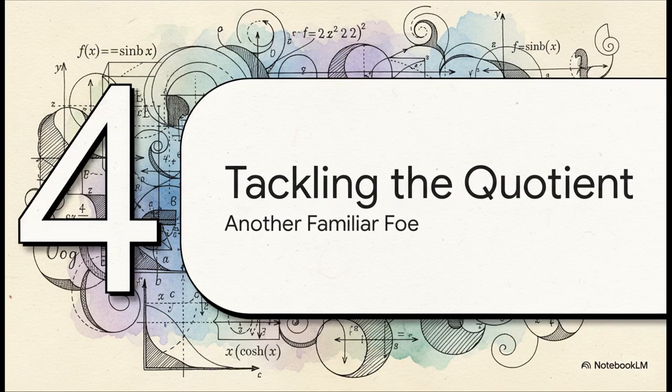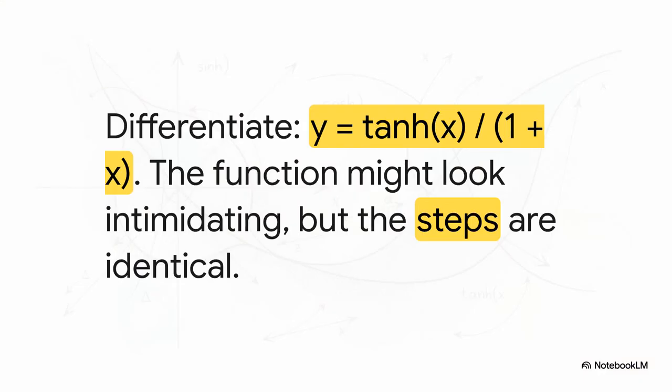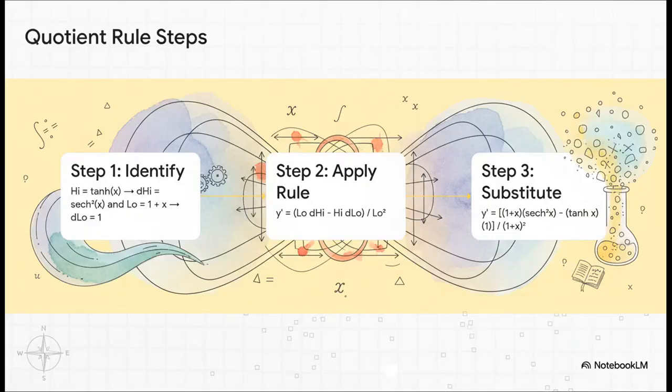All right, now that we've nailed the product rule, let's keep that confidence going and tackle another familiar process, the quotient rule. The setup looks a little more complex, but I promise you, the core idea is exactly the same. Okay, so here's our function. y equals the hyperbolic tangent of x divided by 1 plus x. So let's break this down using that low d high minus high d low mnemonic.